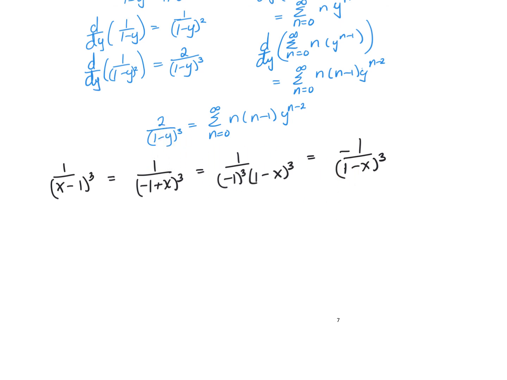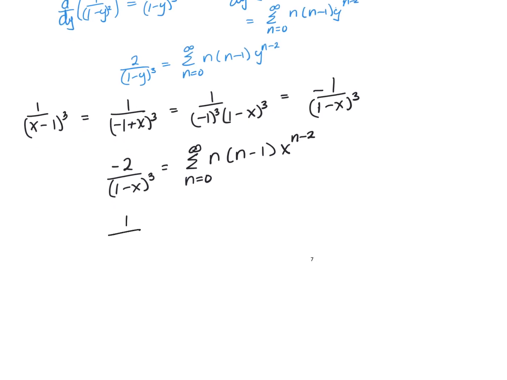So now I'm at -2 over (1 minus x) cubed is equal to the summation of n equals 0 to infinity of n times (n minus 1), x, now I'm in terms of x, raised to the n minus 2.